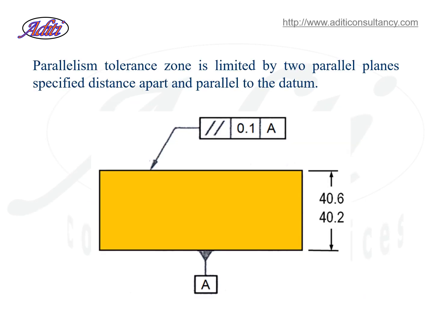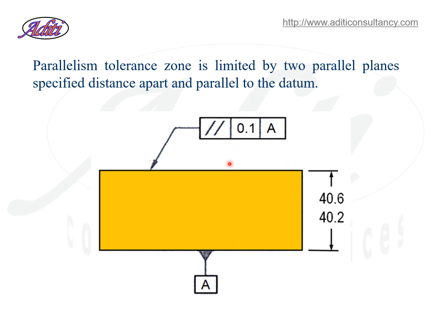Let us see what is parallelism. In the sketch shown here, datum symbol is attached to the bottom surface and parallelism feature control frame is shown to the top surface. Now the meaning of this is that the top surface should be parallel to the bottom surface within 0.1 mm.